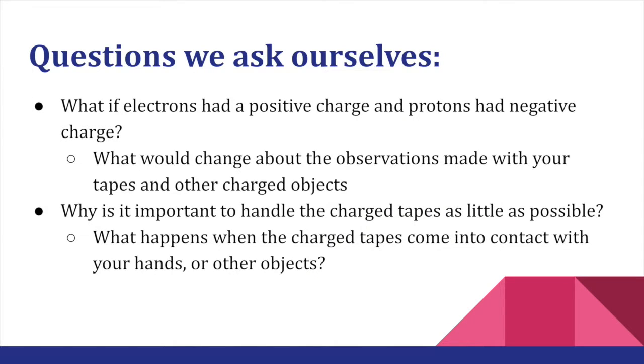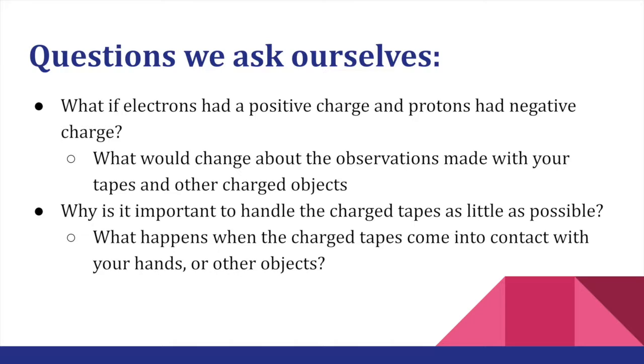If electrons had a positive charge and protons had a negative charge, instead of the charge for an electron being negative 1.6 times 10 to the negative 19 coulombs, it would instead be positive 1.6 times 10 to the negative 19 coulombs. And instead, a proton would have a charge of negative 1.6 times 10 to the negative 19 coulombs instead of its positive charge of 1.6 times 10 to the negative 19 coulombs.